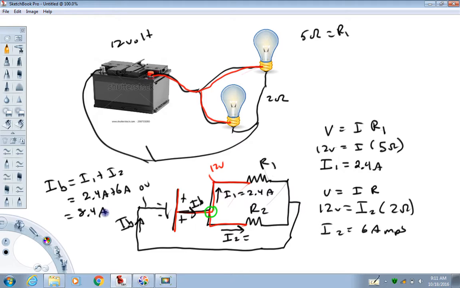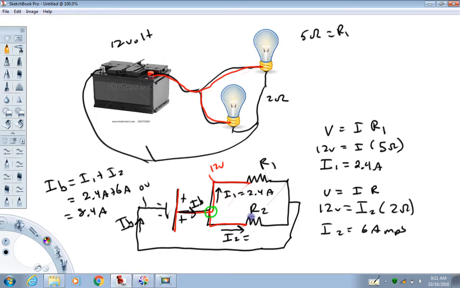Right? If I wanted to, I could calculate the power output at each of these. I'm going to go ahead and not do that. I'll talk a little bit about how I would, but I1 squared times R1 would give the power output here of bulb 1. That'd be 2.4 squared times 5. And at bulb 2, I2 squared times R2 would get the power output at bulb 2.